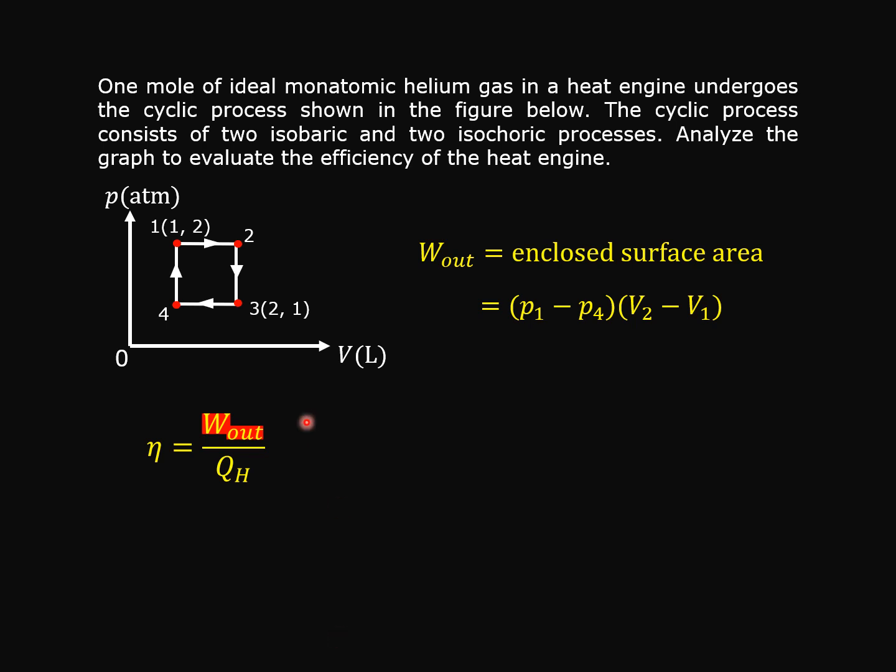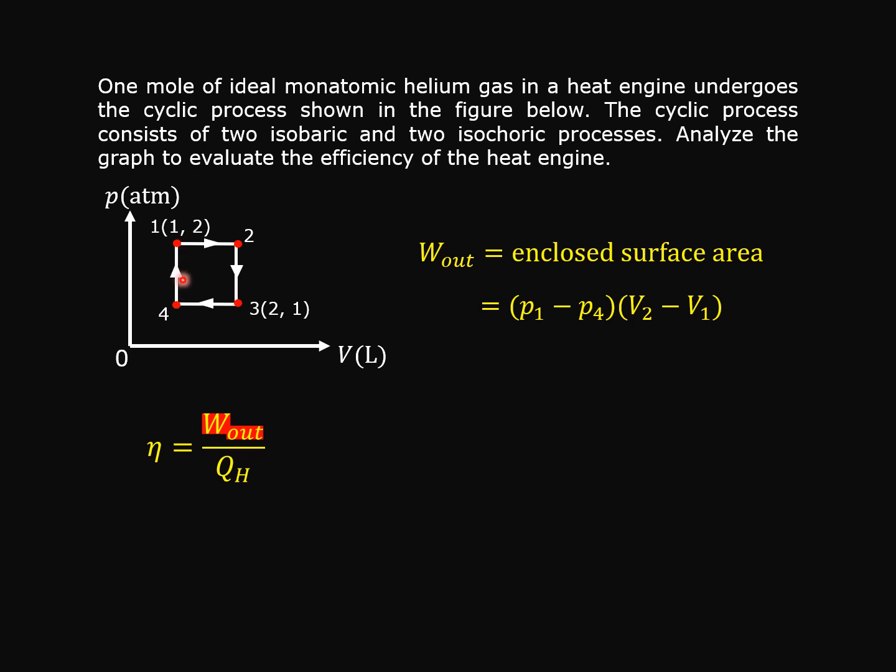Now we start to evaluate the output work for this cyclic process that happens in the clockwise direction. The output work for this cyclic process is equal to the enclosed surface area. That means it can be calculated by taking the difference of the pressure between state 1 and state 4, multiplied by the difference in the volume between state 2 and state 1.